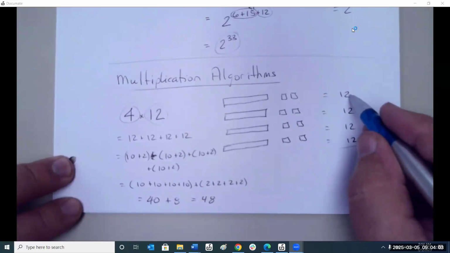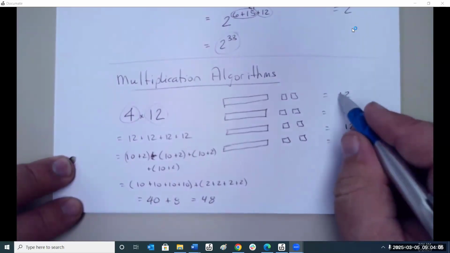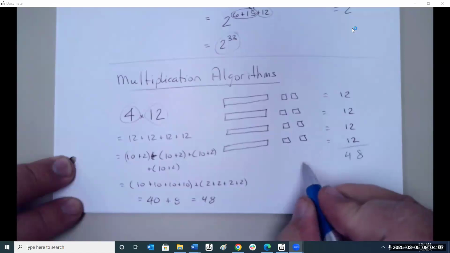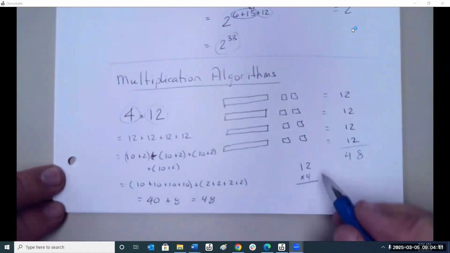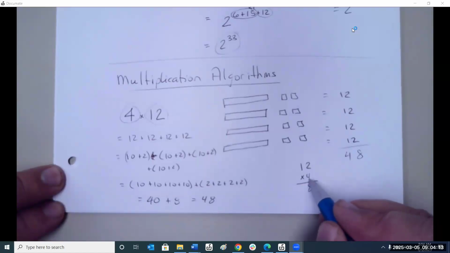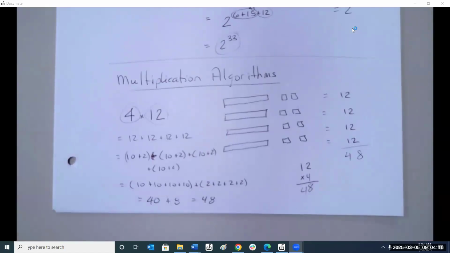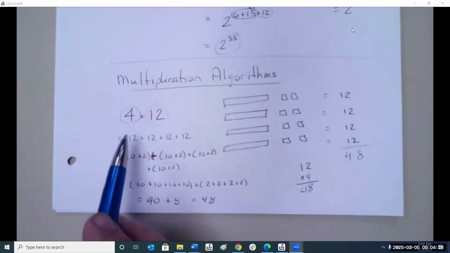We can add 2, 4, 6, 8, 1, 2, 3, 4, or we could have just done it this way. 4 times 2 is 8, 4 times 1 is 4. You have to be able to show it to the students multiple ways. That's easy when you have a single digit.